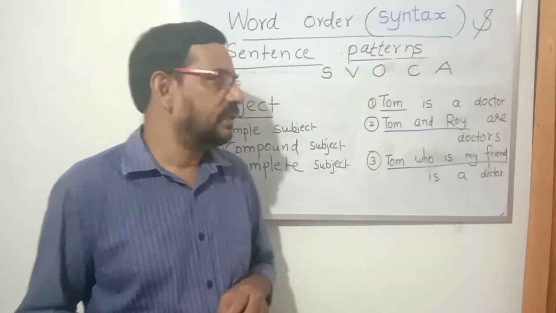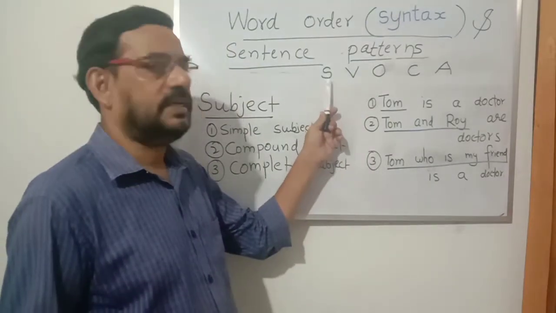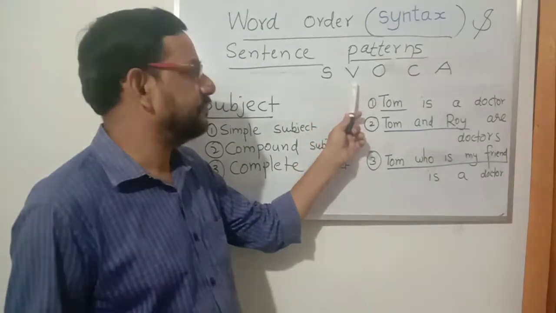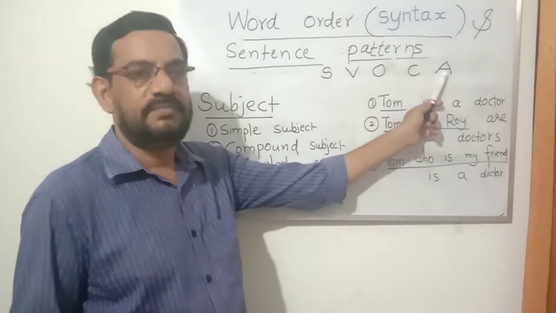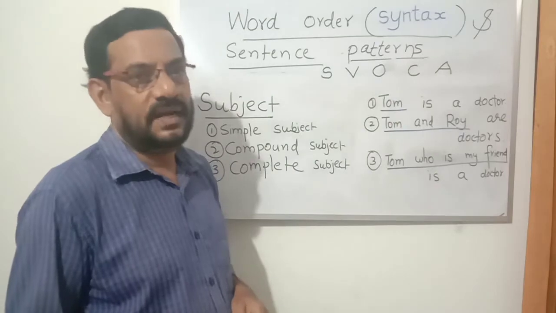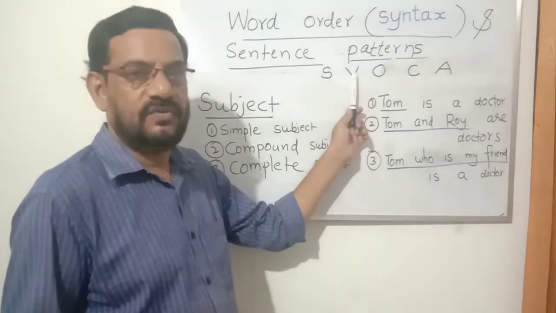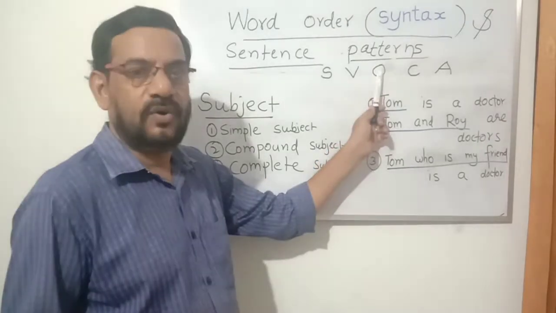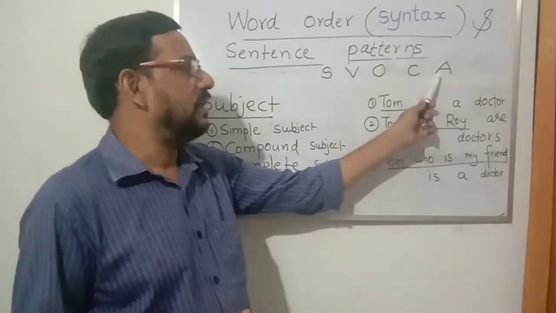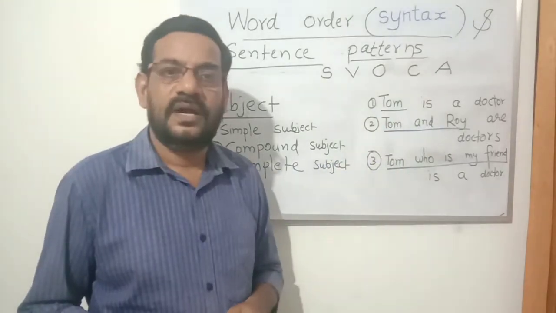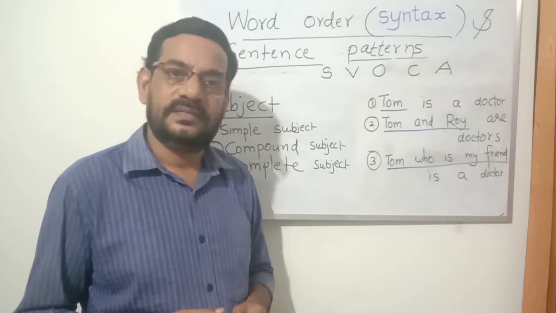So what are the basic elements we use to compose sentences? Subject, verb, object, complement, adverbial. I will repeat. S is subject, V for verb, O for object, C for complement, and A for adverbial, adverb, or adjunct.